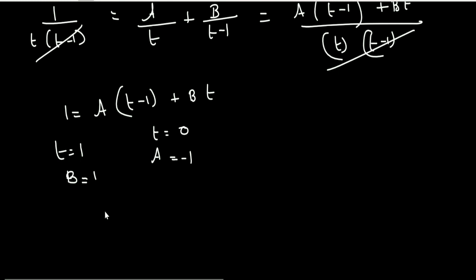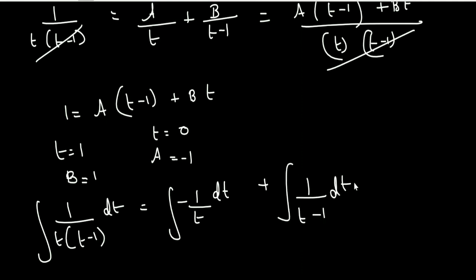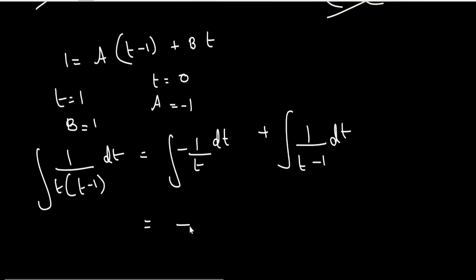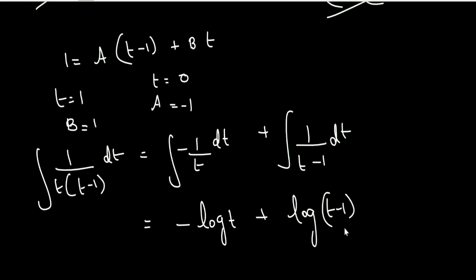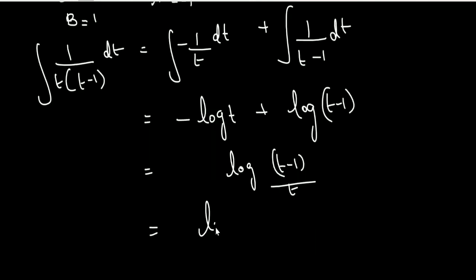So the integral 1 by t into t minus 1 dt is a, minus 1 by t dt, plus b, 1 by t minus 1 dt. So that is equal to minus log t plus log t minus 1, which is log of t minus 1 by t. So it is log of e power x minus 1 by e power x.